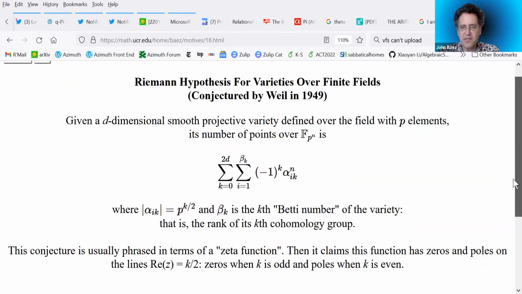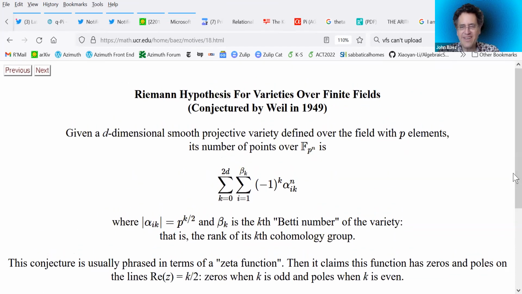Well, you're probably not going to like this because it's a formula, but I had said like the Weil conjectures or the Riemann hypothesis part. Here I was taking Q to be P. I was just doing the case of a prime instead of a prime power. And then you can look at the number of points over all the field extensions of it. And you get a sum of terms that depend on a kind of dimension.